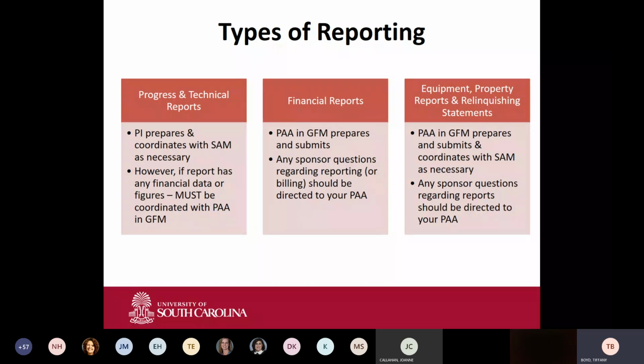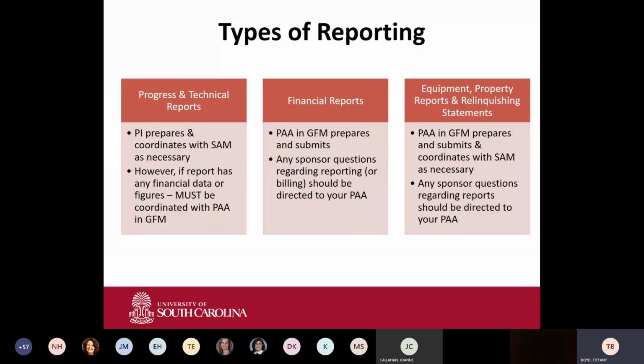However, we do want to point out that if a report has financial data or figures, those must be coordinated with the PAA and GFM, because the last thing we want to do is have a PI submitting a report with financial figures in it that does not mirror or isn't validated with what the PAA and GFM is submitting via financial reports.